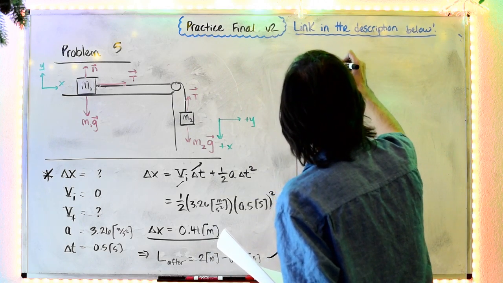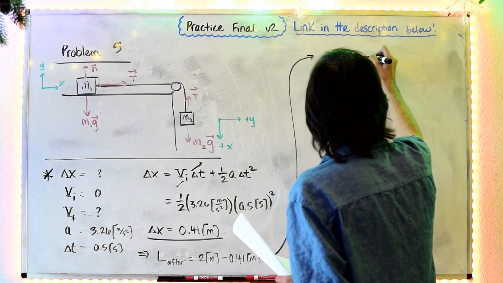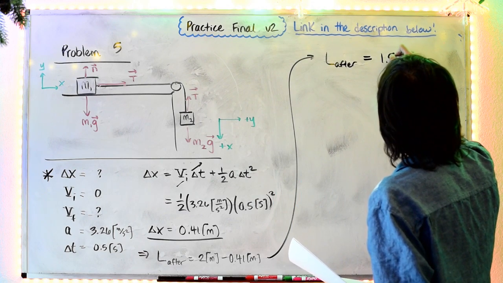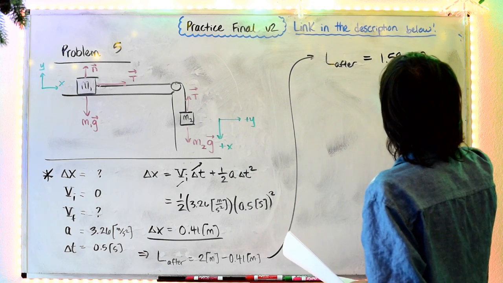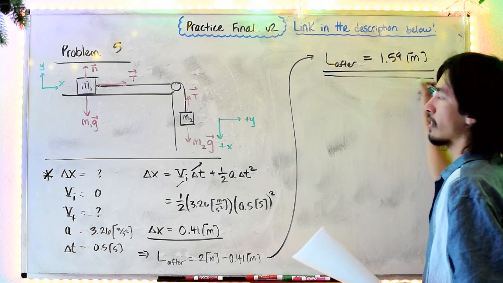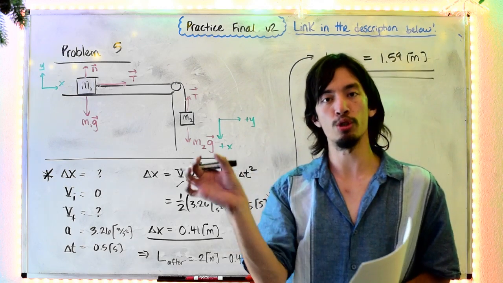That gives us a length after of 1.59 meters. So now this is the distance we're going to consider that the wave pulse travels over.